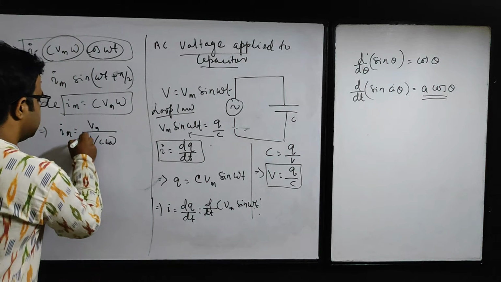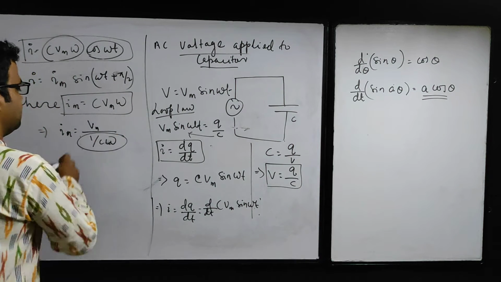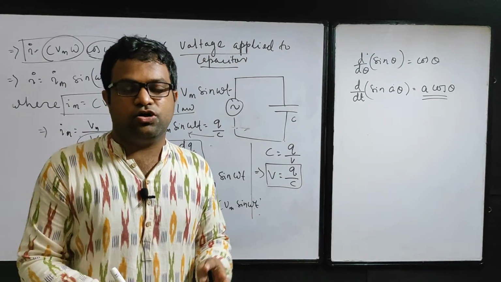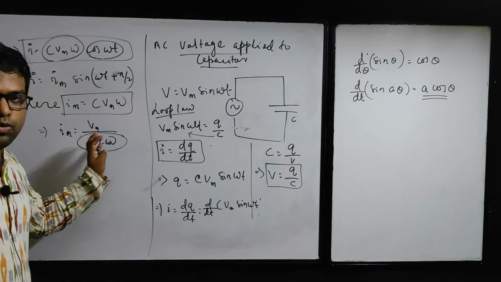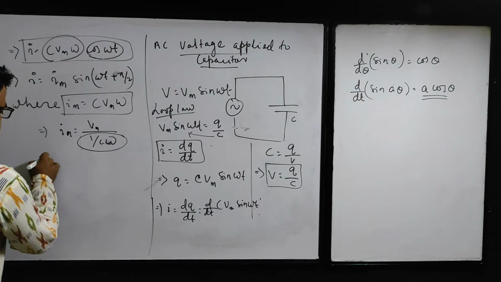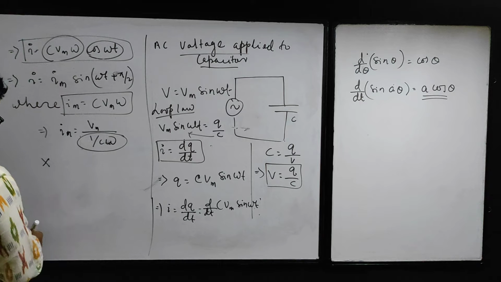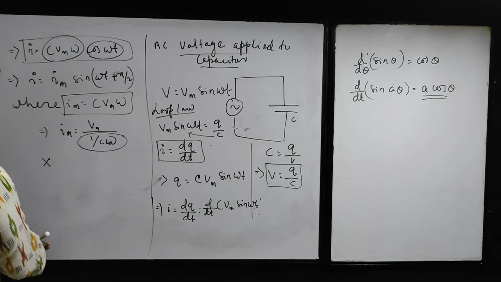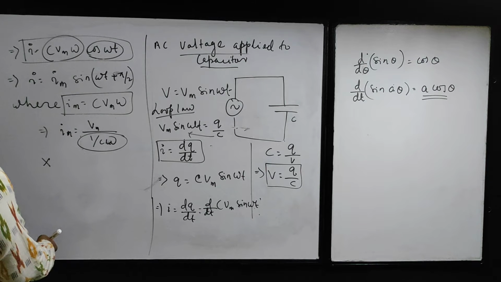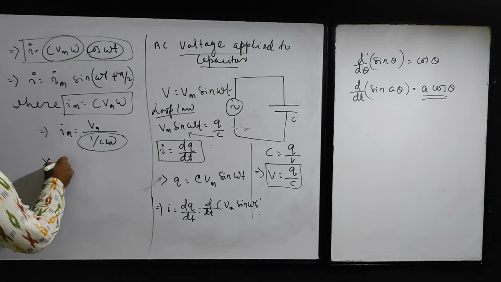This 1 upon C omega has the dimension of resistance, its unit is ohm also, and this 1 upon C omega introduces a new variable, Xc.